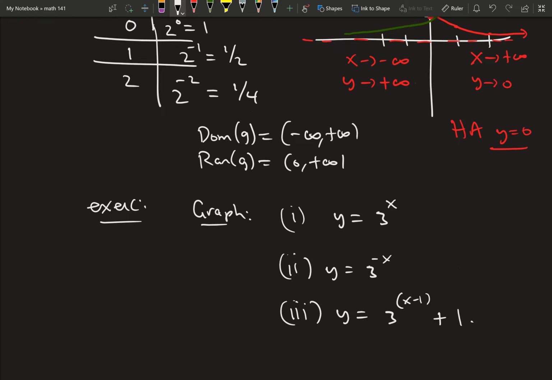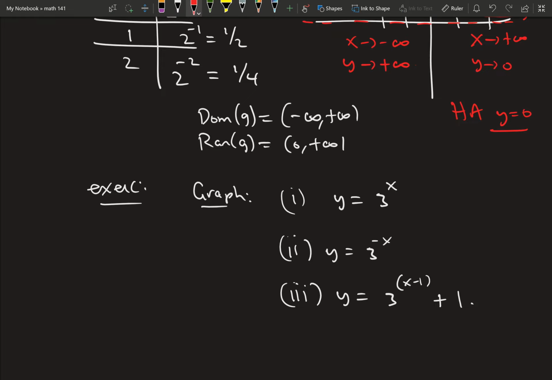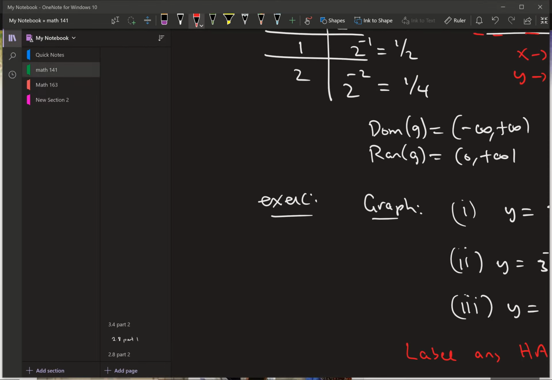These two are very similar to the ones that we just did, except with base 3. This one you can use some shifts, and that should get you what you want. Again, label any horizontal asymptotes, and also go ahead and find the domain and the range for all of these. Okay, we will stop here for now, and we will continue this in the next video.